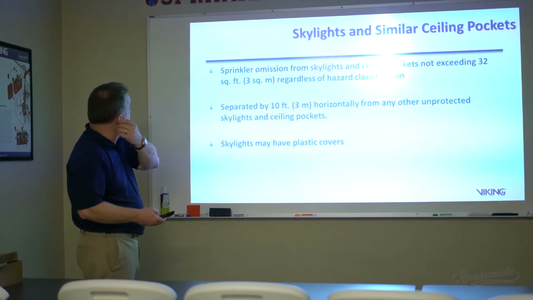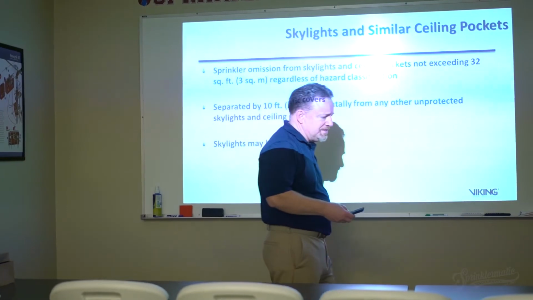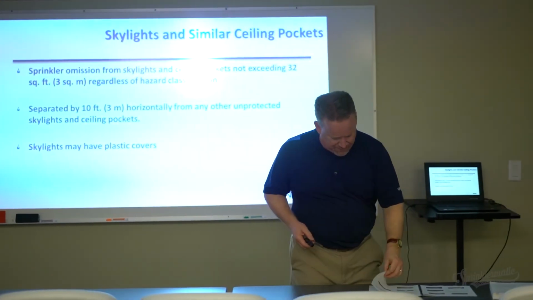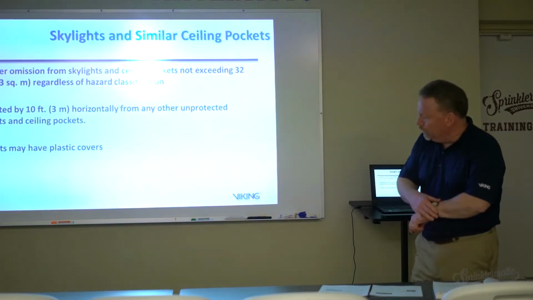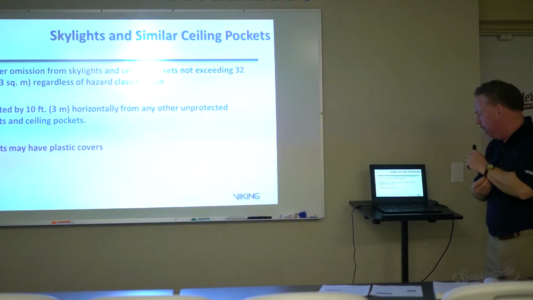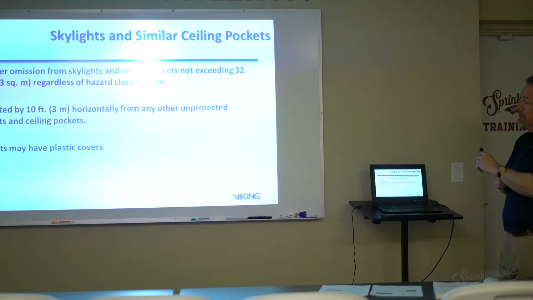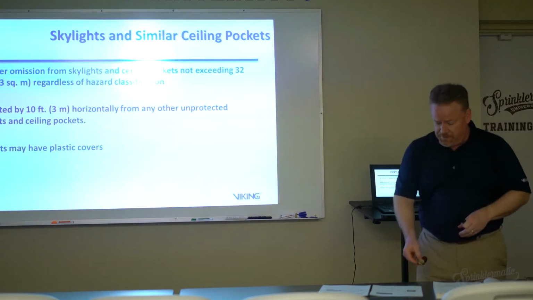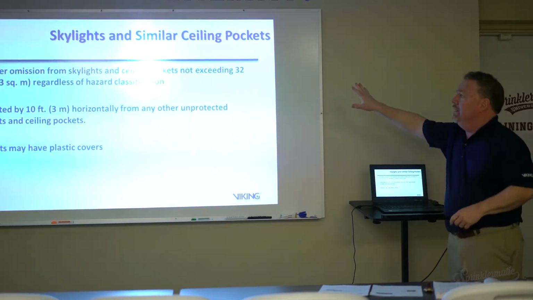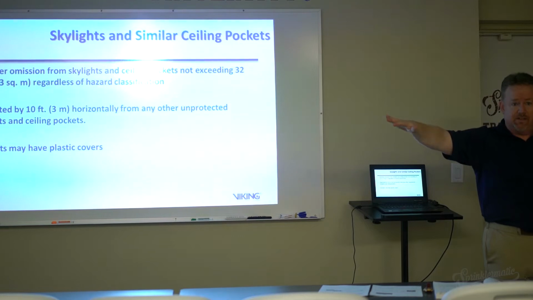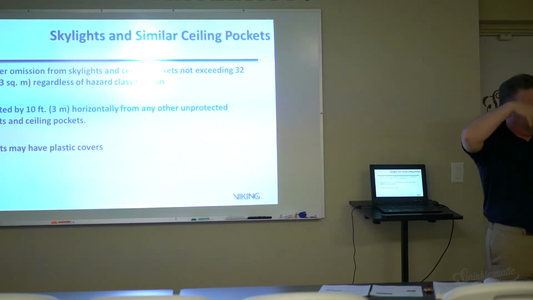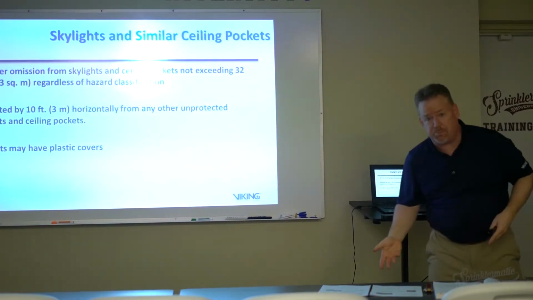All right, skylights and similar ceiling pockets. We'll wait on a larger conversation of this, mainly because we'll talk about it when we talk about standard spray sprinklers. But the deal here is that skylights behave like those sags in the insulation. They're a heat sink, and we need heat to operate our sprinklers.